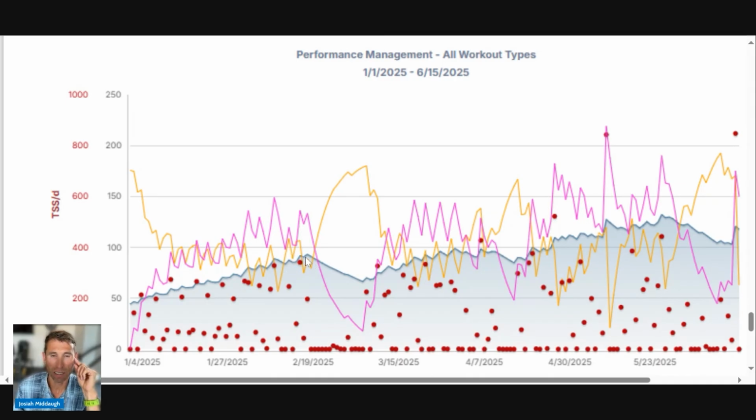And it's not that you always want a negative or always want a positive number. You want that to undulate a little bit. But if you were getting ready for an event, you wouldn't want to have a super low form reading. That means that in the last 7 days you were training really hard, and it's way more than your average. That's when you get a really negative number.